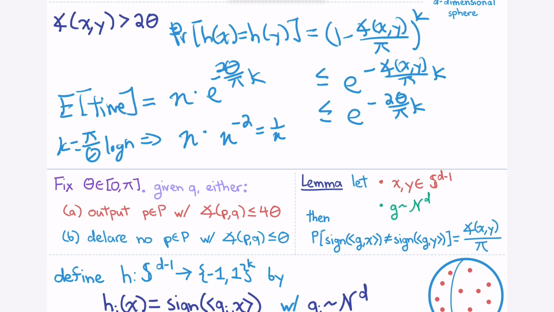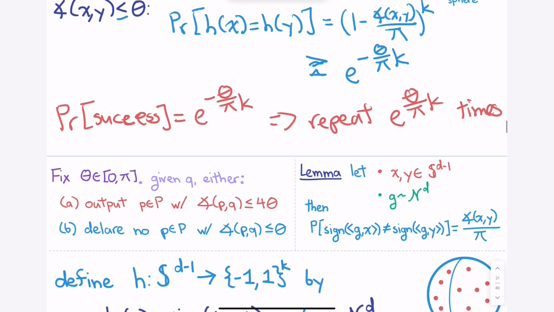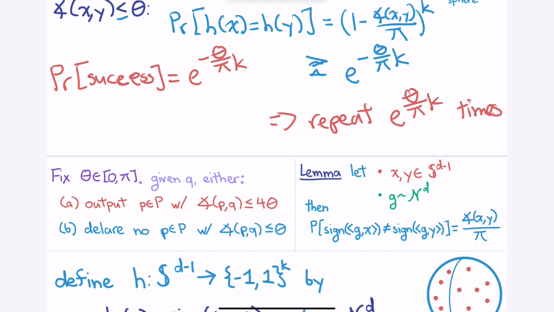If k is pi over theta log n, now what are the odds that you succeed? It's going to be e to the negative log n.